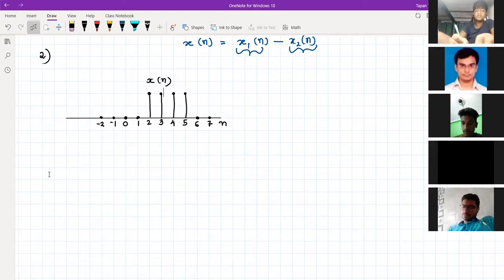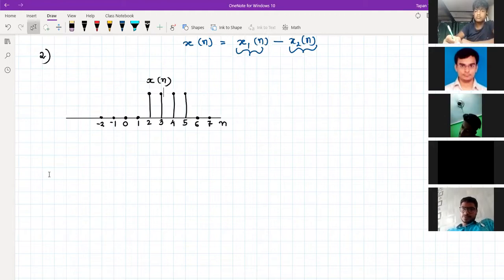Look at the starting instant. Where does it start? It starts at n is equal to 2, right? And it is going to take a form of step function.